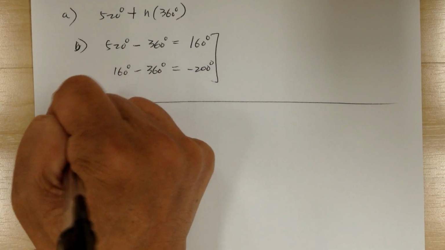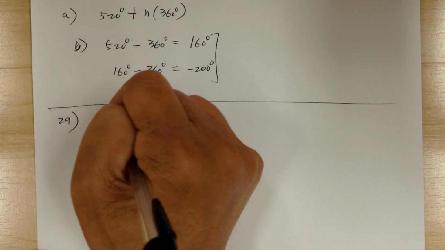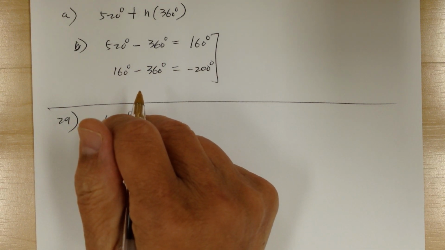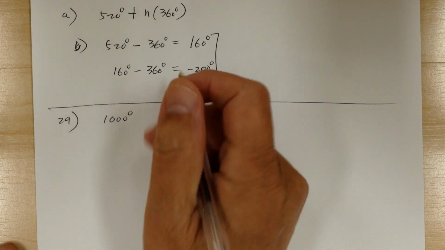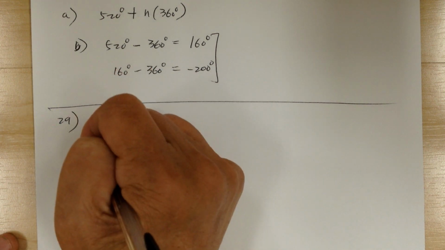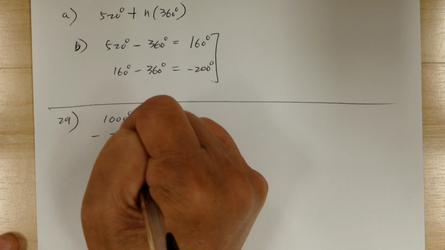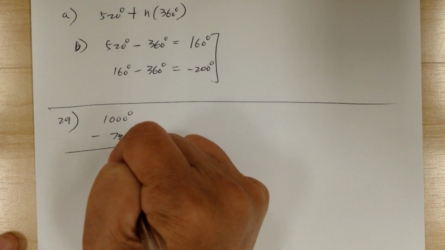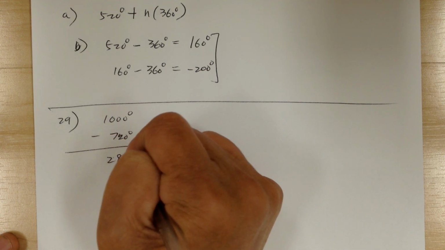Okay, number 29, you've got 1,000 degrees. This number is really big, so I'm going to lower my number. I'm going to go backward 2 times, so minus 720 degrees. I get 280 degrees.